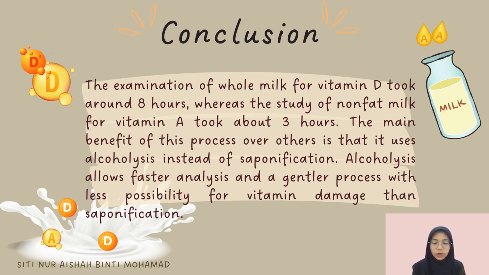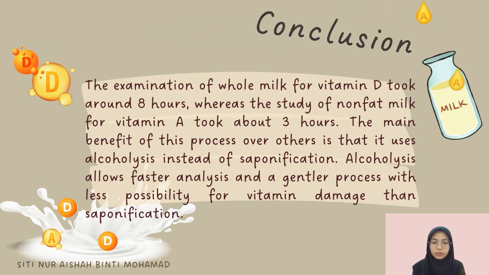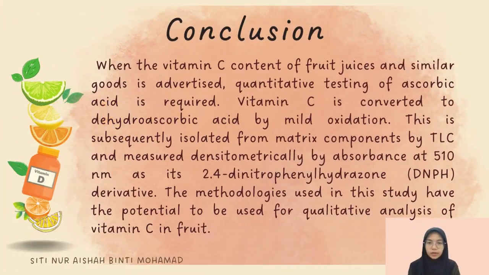The main benefit of this process over others is that it uses alcoholysis instead of saponification. Alcoholysis allows faster analysis and a gentler process with less possibility for vitamin damage than saponification. The vitamin C content of fruit juice and similar goods is advertised. Quantitative testing for ascorbic acid is required.